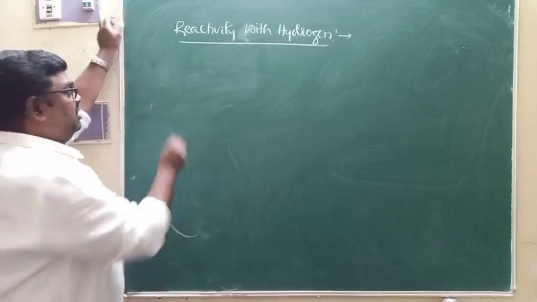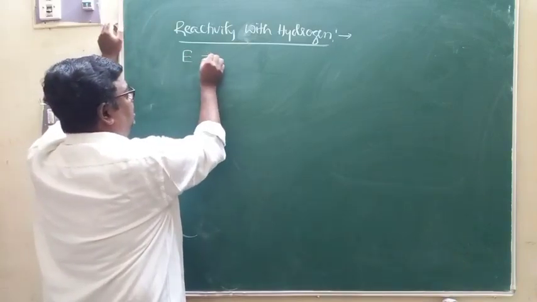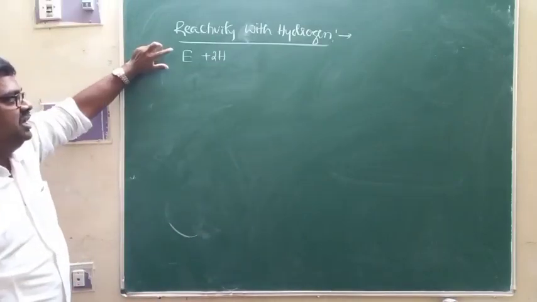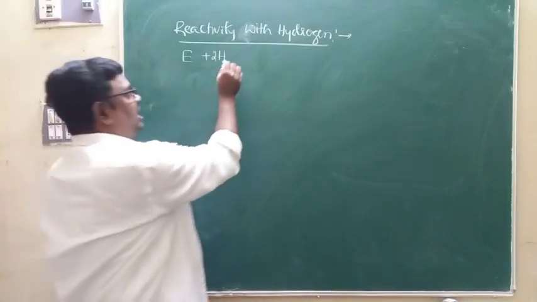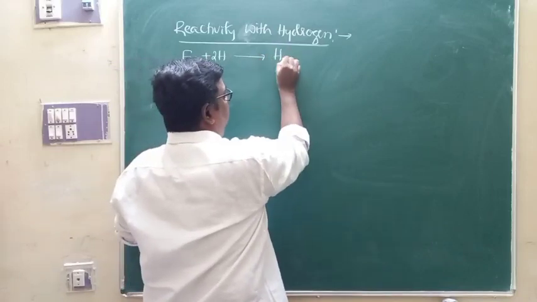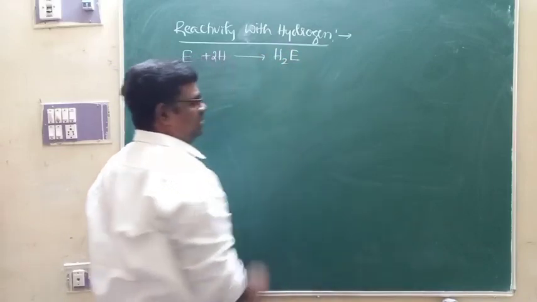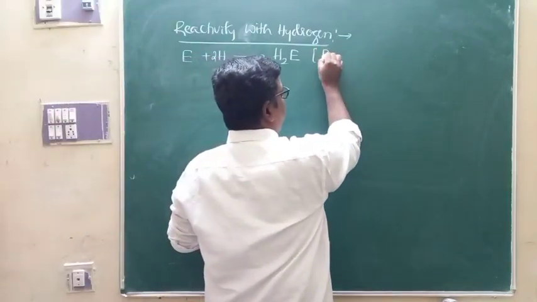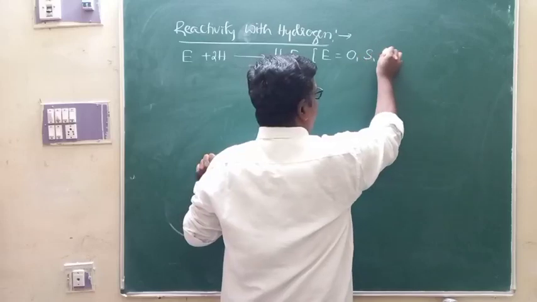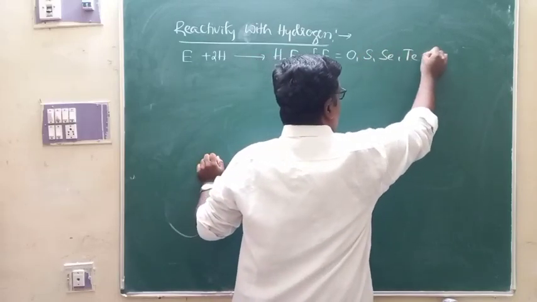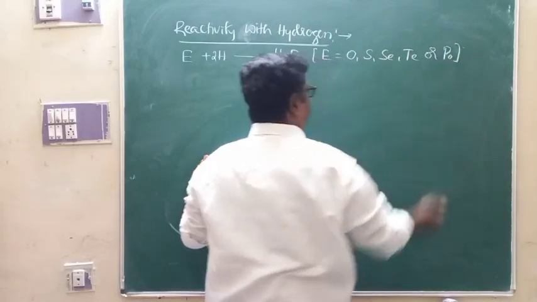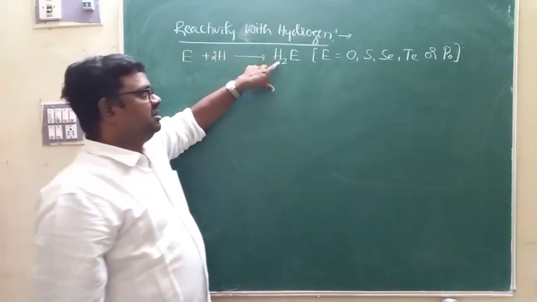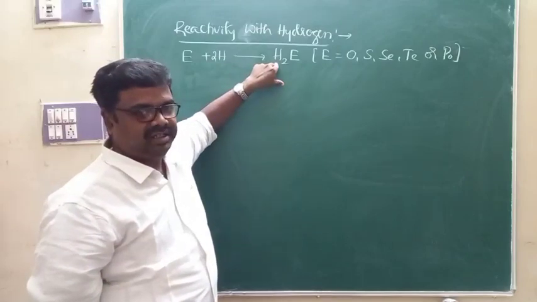Just like that, when group 16 element reacts with hydrogen, you are going to get the dihydride of group 16 element, H2E, where E can be oxygen, sulfur, selenium, tellurium or polonium. Yes, this is what we call group 16 elements. When they react with hydrogen, you are going to get dihydrides of group 16 elements.